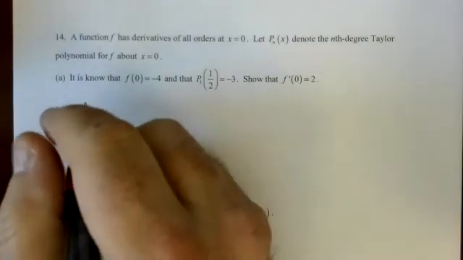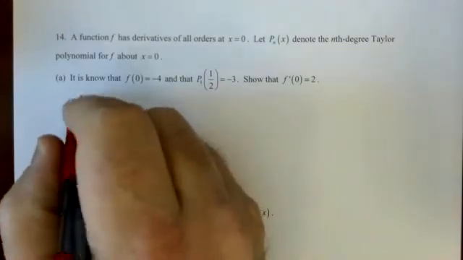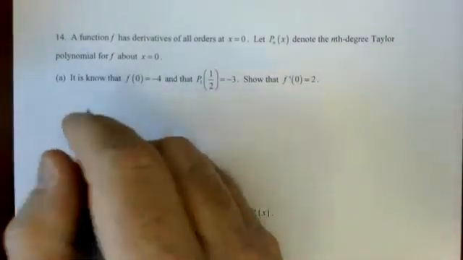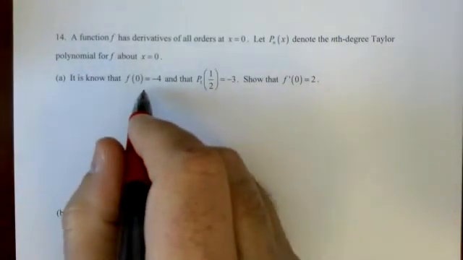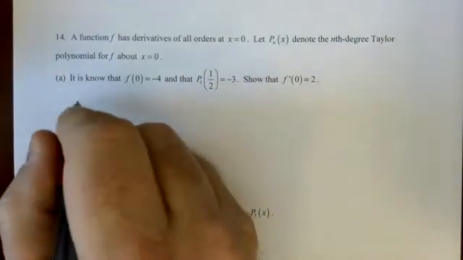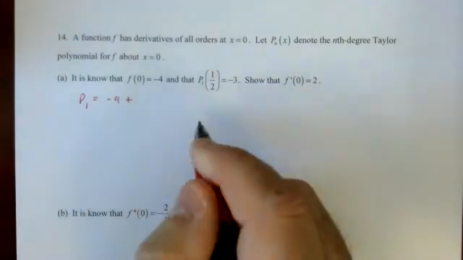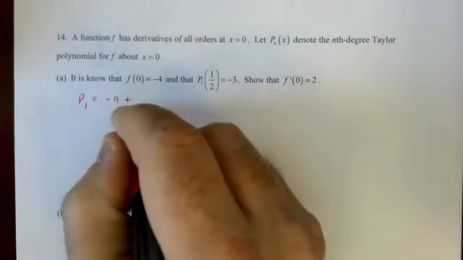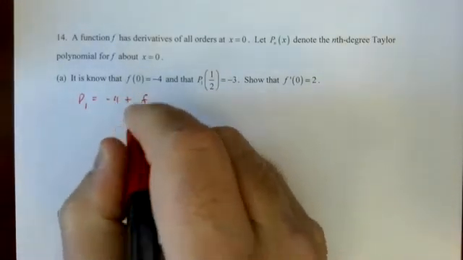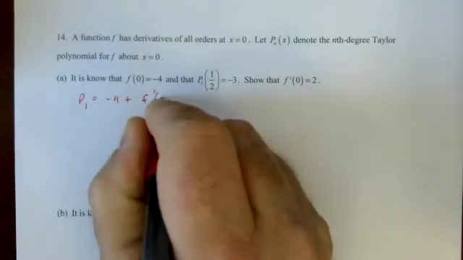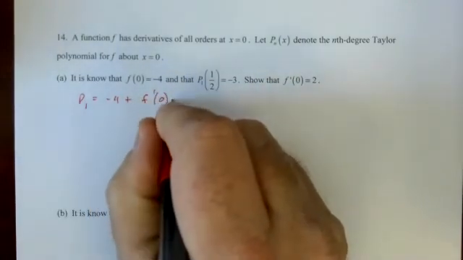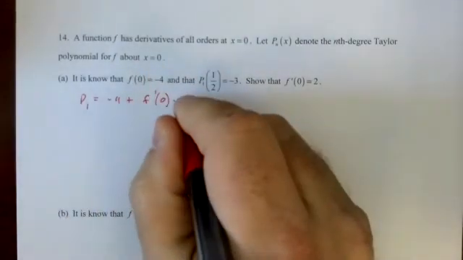So let's go find this nth degree polynomial. f of 0 is -4 and P1 of 1/2 is -3. So P1 is -4 plus f prime of 0 times x, about x equals 0.